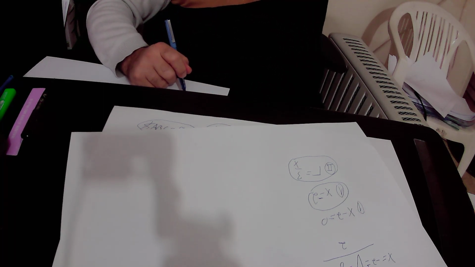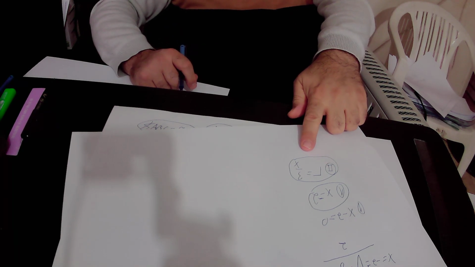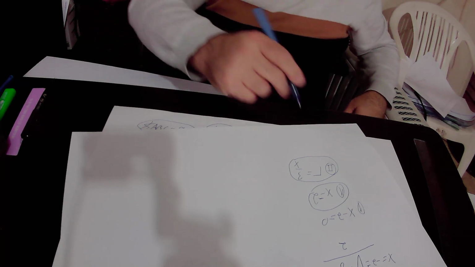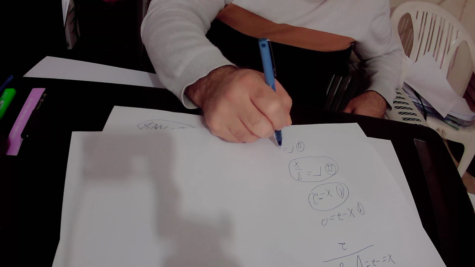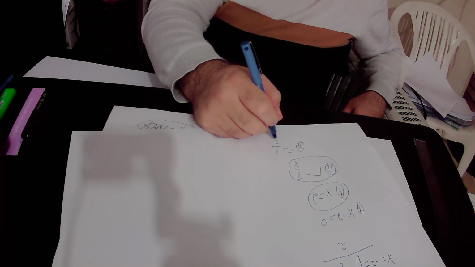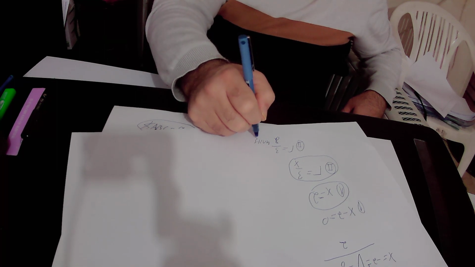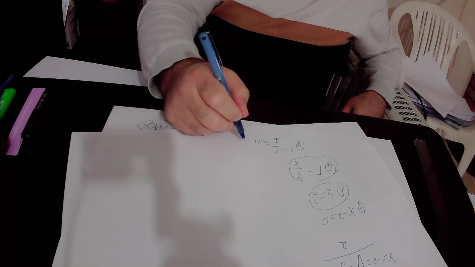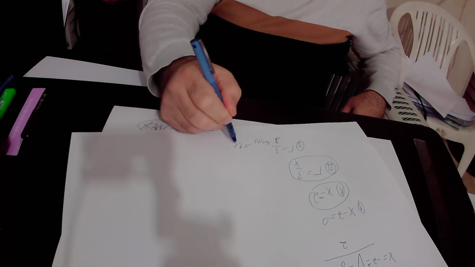So we will put the value of x inside this equality, and we will get that the radius of the semicircle equals 3 over x, which is 3 over 2 units, or we can represent 3 over 2 as 1.5 units.